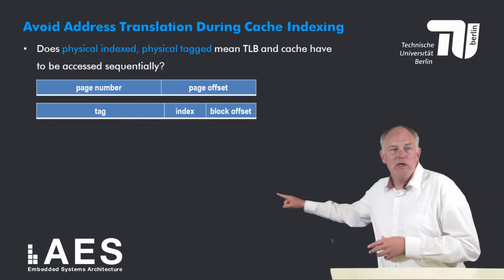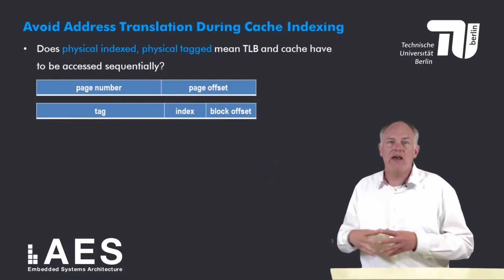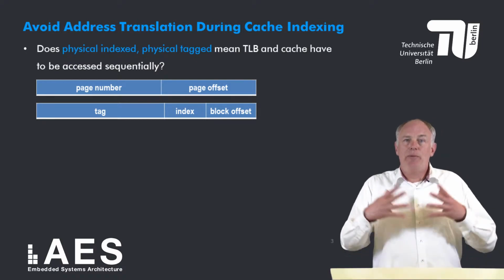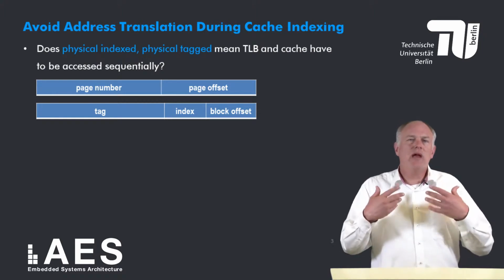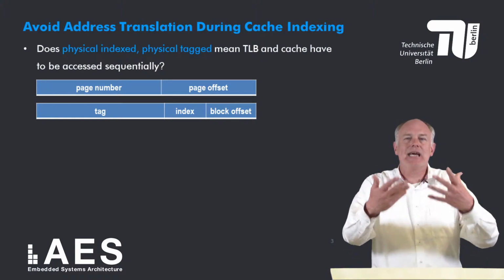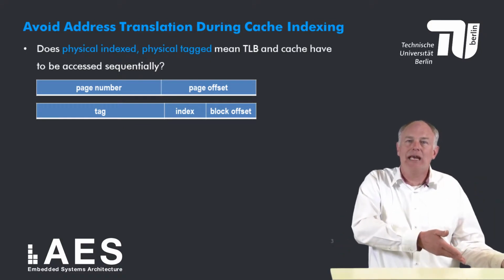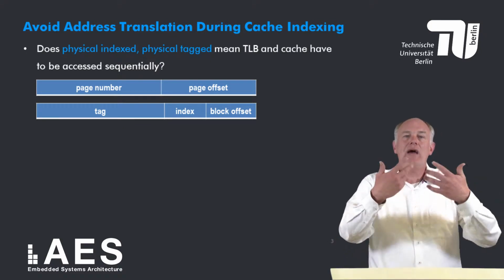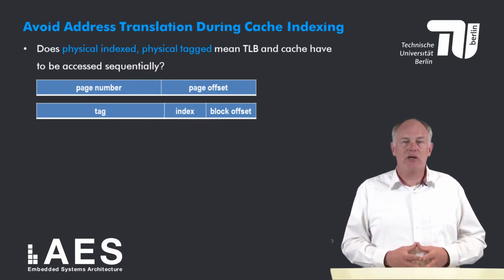In this case, we see that the index bits are part of the page offset. The page offset does not change during address translation. So in this case, we can index the cache using the virtual index because it is the same as the physical index, and later when we have to do the tag comparison, we can do so using the physical tag.